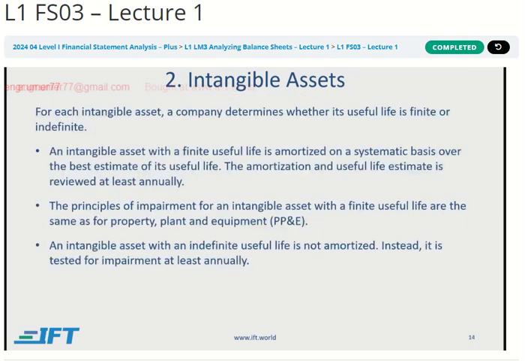So intangible assets can either have a finite life or an infinite life. If they have a finite life, let's say you make a patent, but that patent is not going to be forever and ever. Maybe the court will grant you a period of 30 years in which only you will be able to sell that medicine.